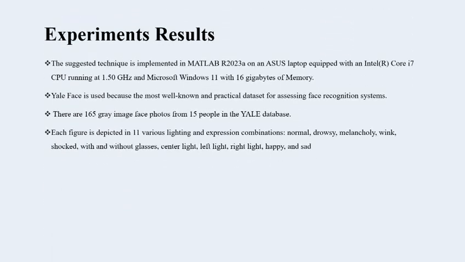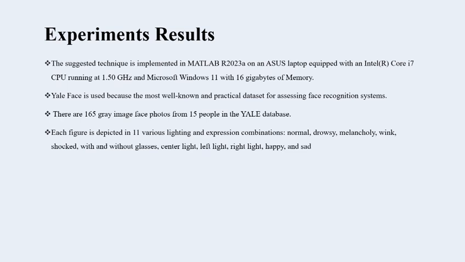Experiment result. The suggested technique is implemented in MATLAB 2023 on an ASUS laptop with a Core i7 CPU running at 1.5 GHz and Microsoft Windows 11 with 16 GB of memory. The Yale face database is used because it is the most well known.